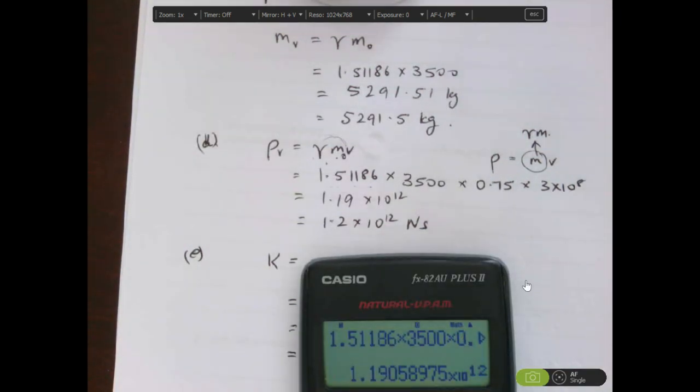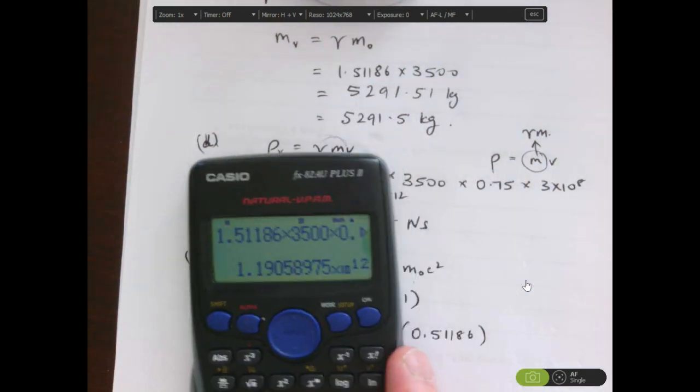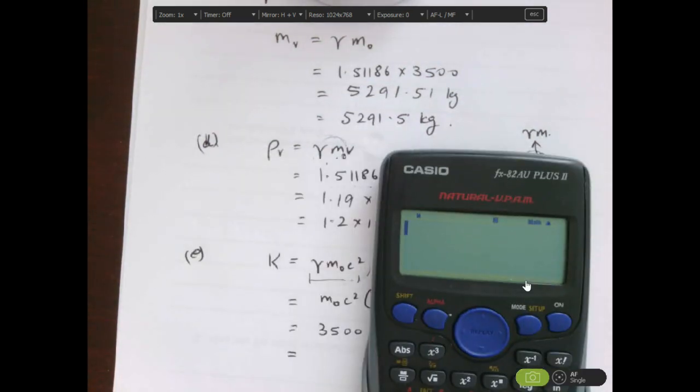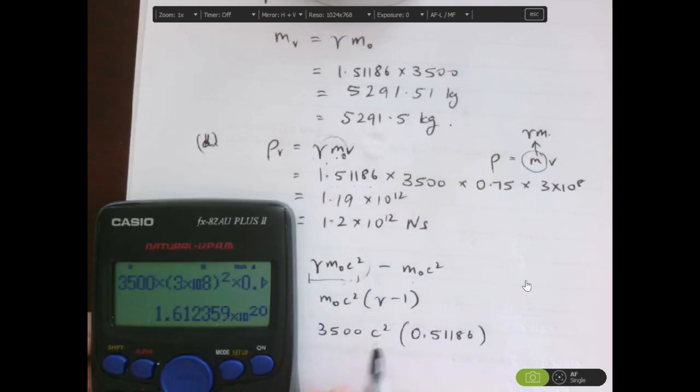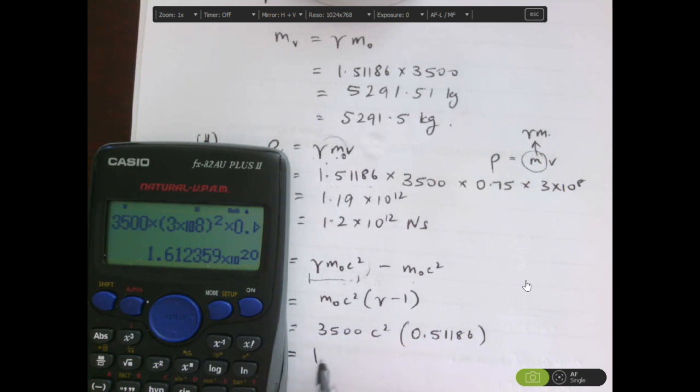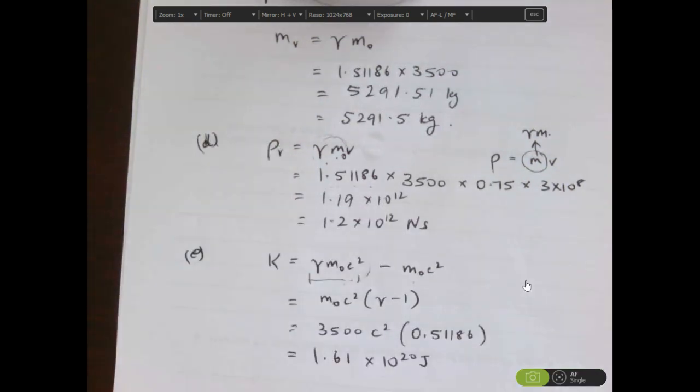So it is going to be 3,500 times (3 times 10 to the 8) squared times the gamma factor, which is gamma minus 1, 0.51186. And it is going to be 1.612 times 10 to the 20, and it's joules with kinetic energy. Okay, rightio. So that's questions 3 and 4.